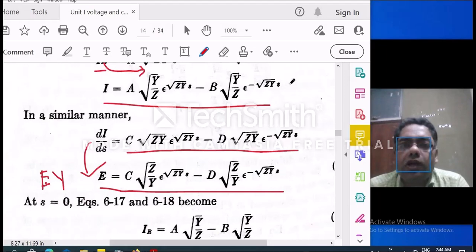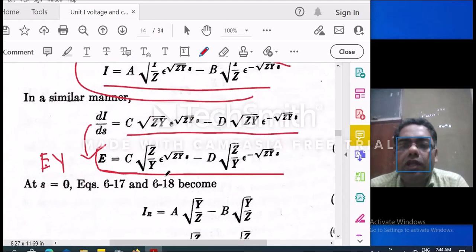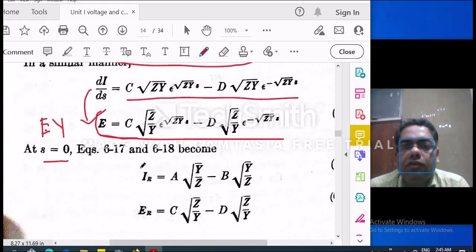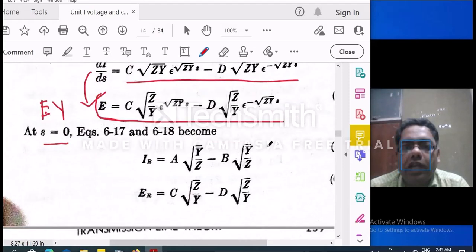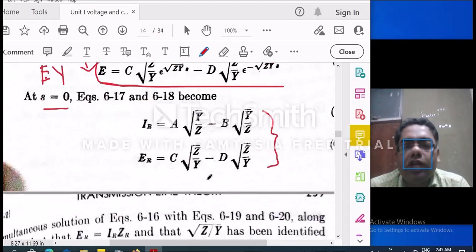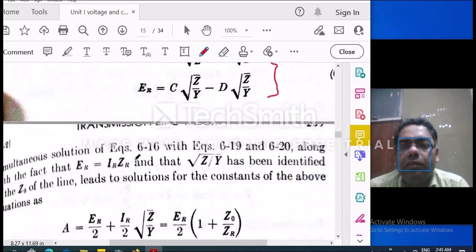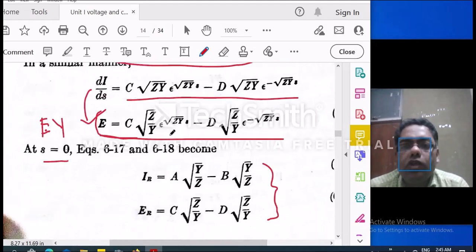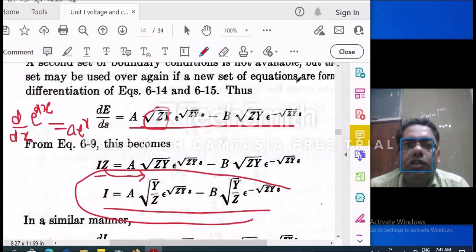So these two expressions, this I and E that I got, here I make S equal to 0. Then I will get like this, meaning all the exponential terms will go away and I will just get IR and ER. Now next, I am getting 4 equations.